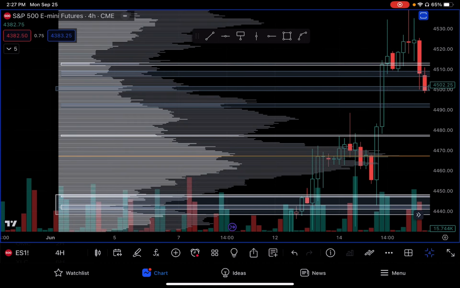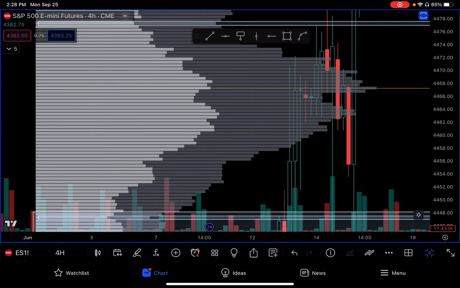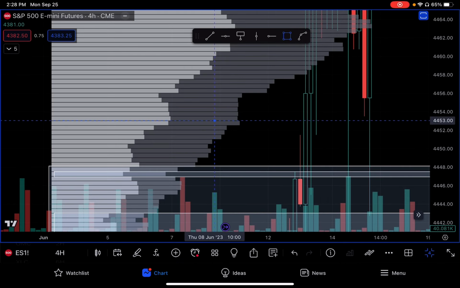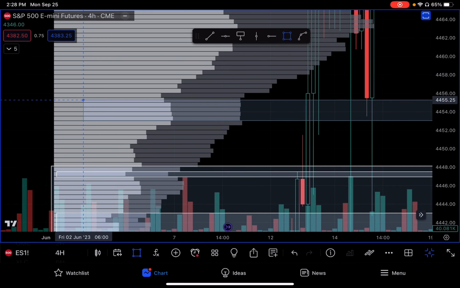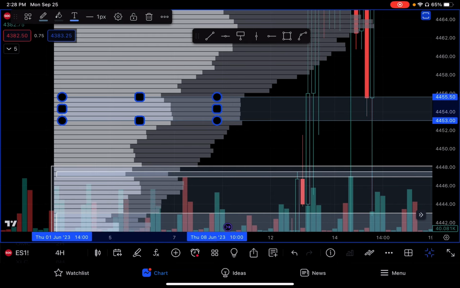All right. And then I was going to mark the ones that tell me price is working down through the volume in the HVN here.